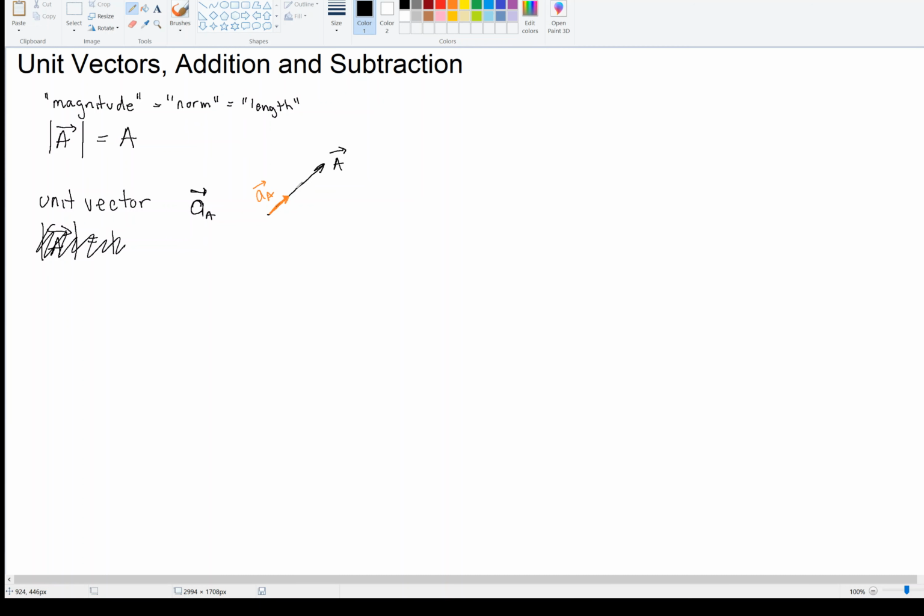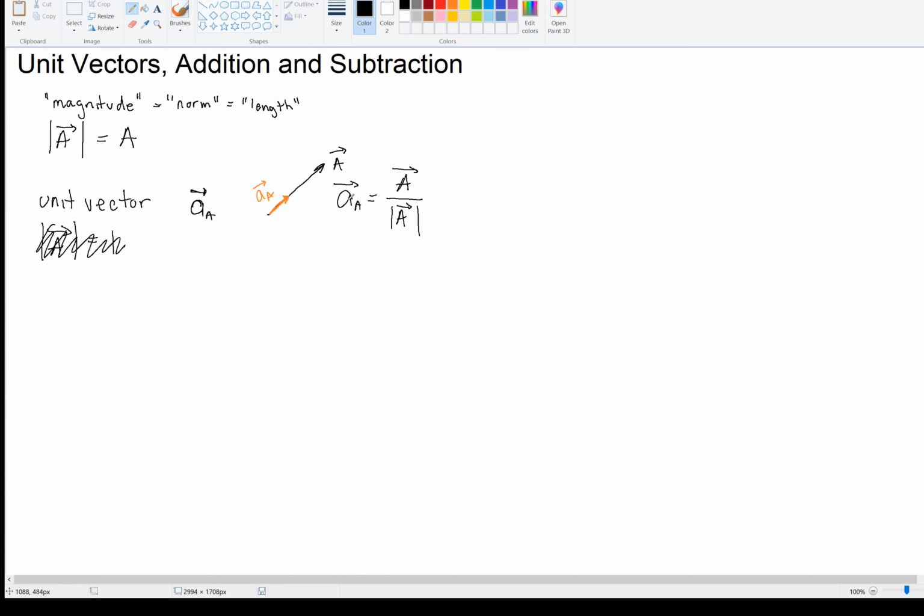Okay, so if I wanted a unit vector that points in the direction of A, what I could do is take vector A and divide it by its own length. Right? If I take a vector and I divide it by its own length, now it's got a length of 1, and the direction is still preserved.